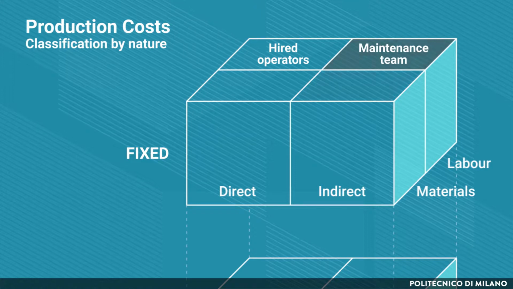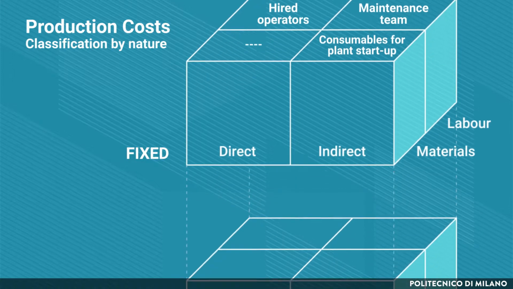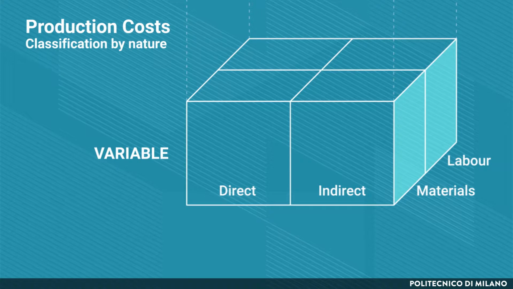If we consider material fixed indirect costs, we may, for instance, take into consideration consumable materials that are usually used for the plant startup activities, while in reality direct fixed materials are usually very hard to find. If we move to variable cost, labor and direct, we basically have here temporary workers or overtime of the workers that have been pursuing the activity.